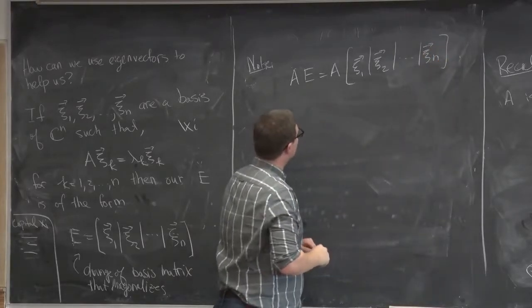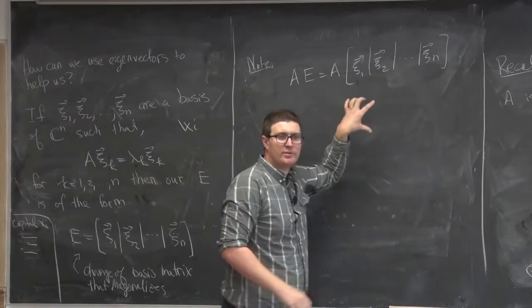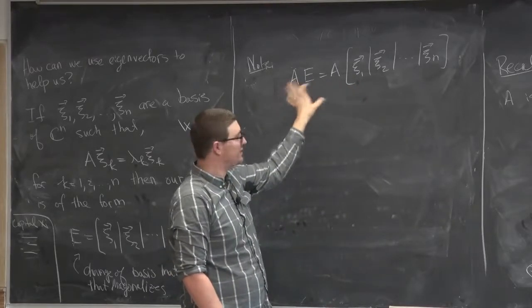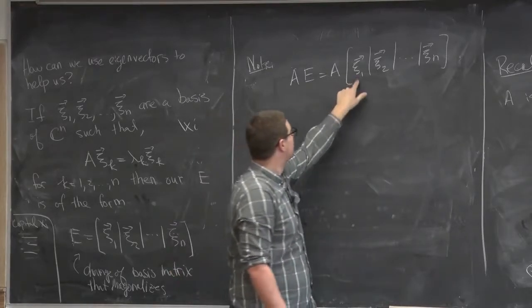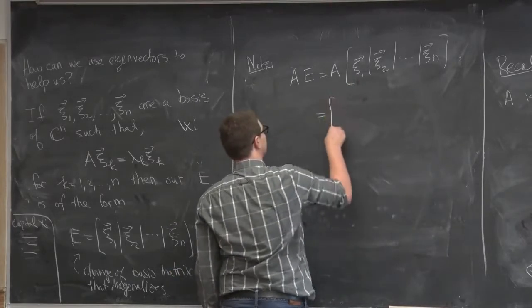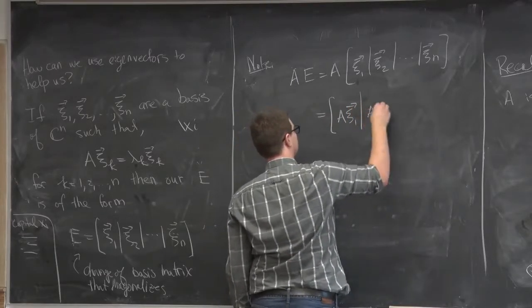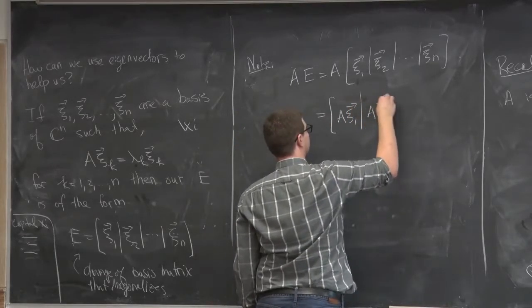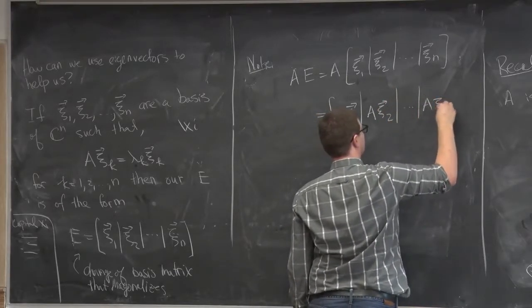So when you multiply a column vector, what do you do? You just take each column vector and multiply it by the matrix. So the new columns of the new matrix will be A c1, A c2, up to A cn.